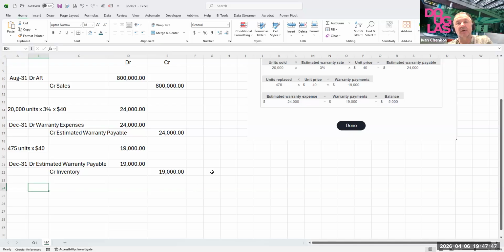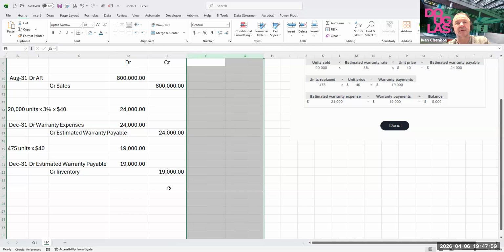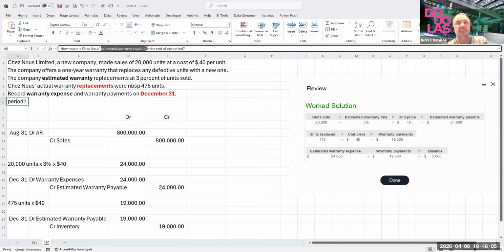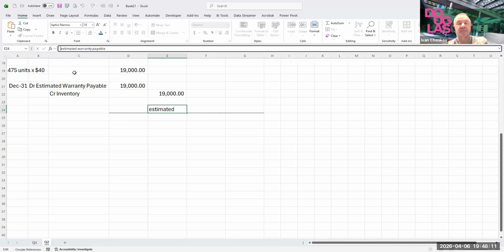So what we have to do now is calculate what's happened with my estimated warranty liability account, or warranty payable account in this particular case. So the account again is estimated warranty payable. Copy and paste here, capitalize it.